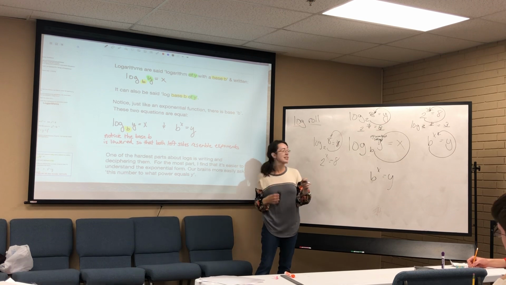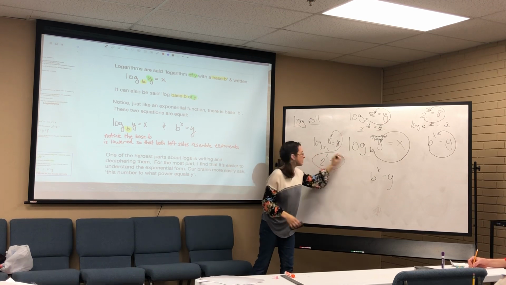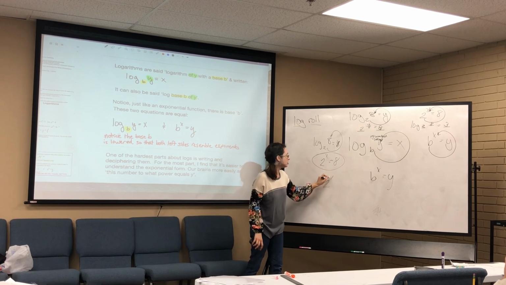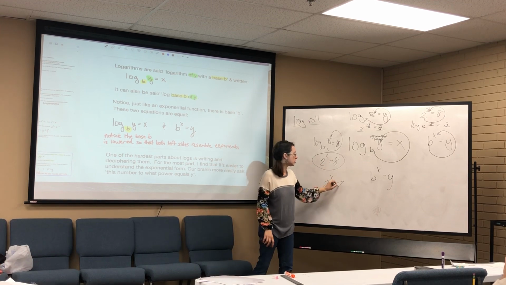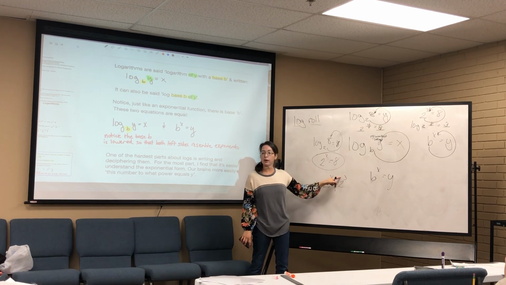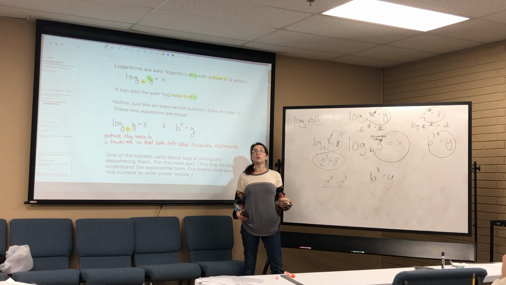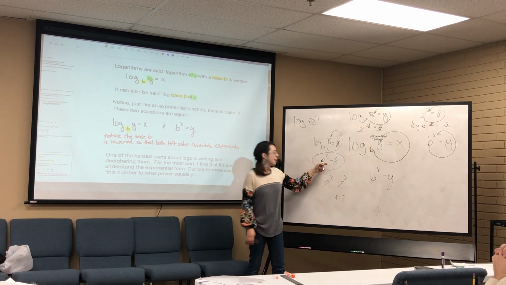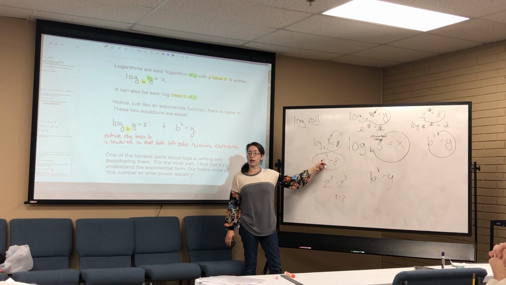For me personally, I can figure this out because I can rewrite, if I have 2 to the x, I can rewrite 8 as 2 to the third. So if my bases are the same, I know my exponents would have to match. Or I can practically go, how many 2's equal 8? 2, 4, 8. Okay, 3. I know that x equals 3. It's easy for my brain to figure it out in this direction.